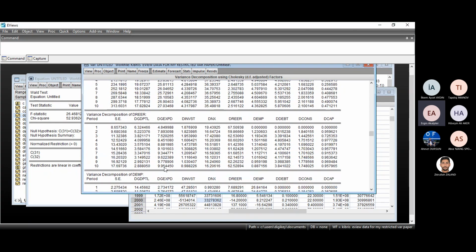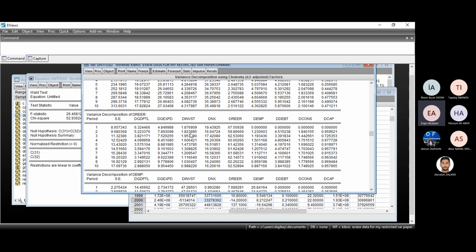The real effective exchange rate, the X rate, we are looking at. The GDP is also considerable. I think NX and the governmental expenditure are affecting, and GDP is also affecting, but the rest is not very heavily affecting and changing the real effective exchange rate.